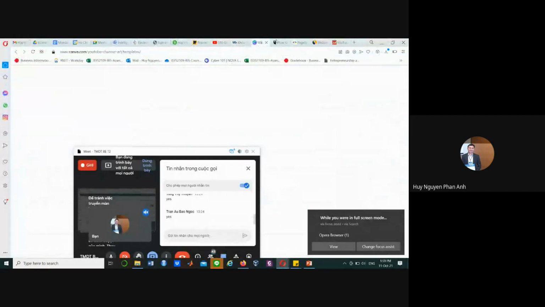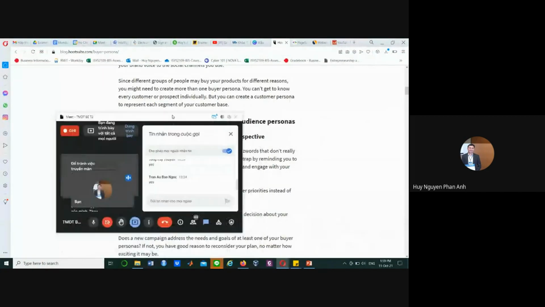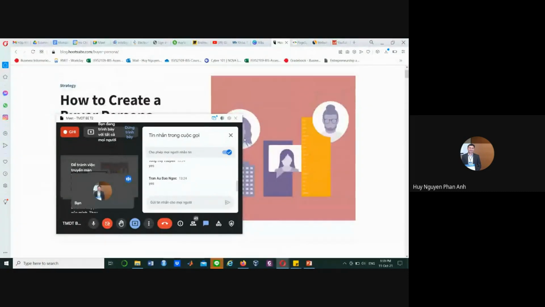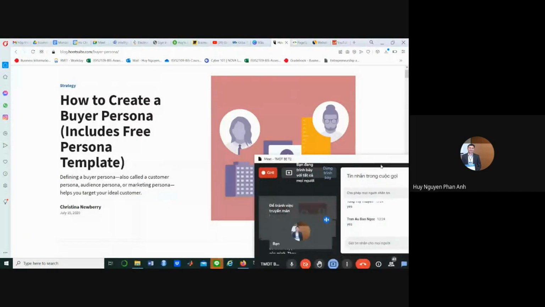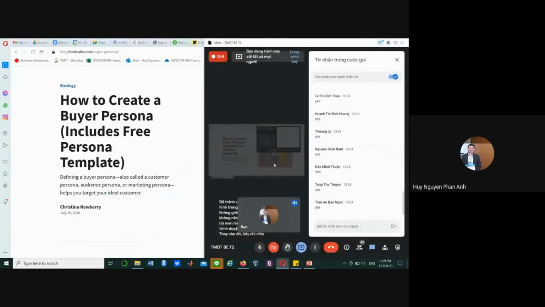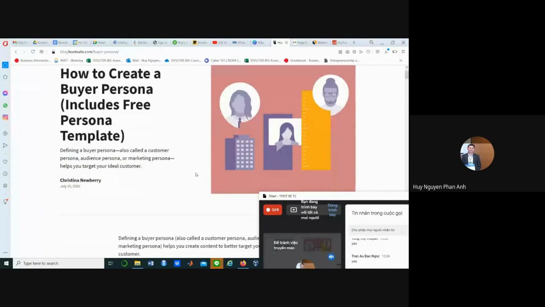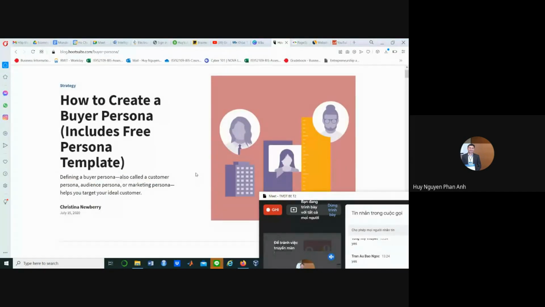Now we move to the first step of digital marketing, which is to understand the customers, the consumer or the buyer. So usually we have to create a buyer persona. This is the tool to design a buyer persona.